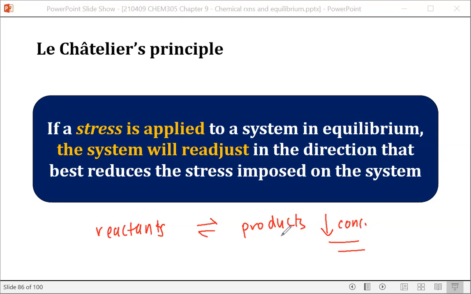And so the system is going to try to adjust to reduce that stress. So if the stress is reducing the concentration of products, the system is going to respond by pushing the reaction to the right to make more products. The concentration of reactants will go down as the reaction rate to the right picks up and you push the reaction to make more products.